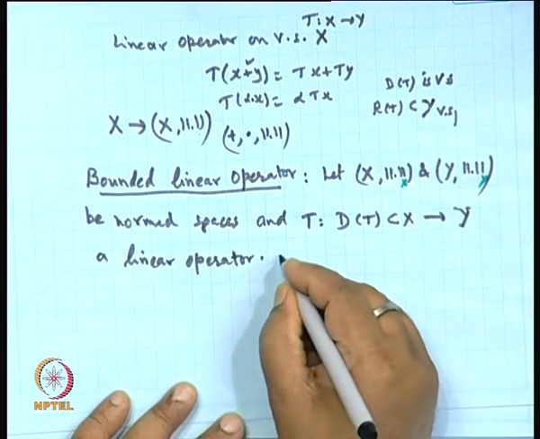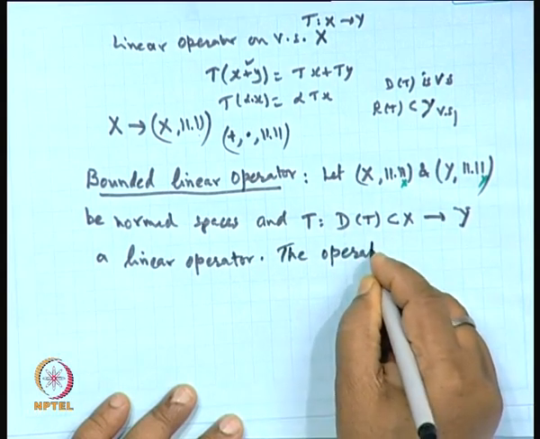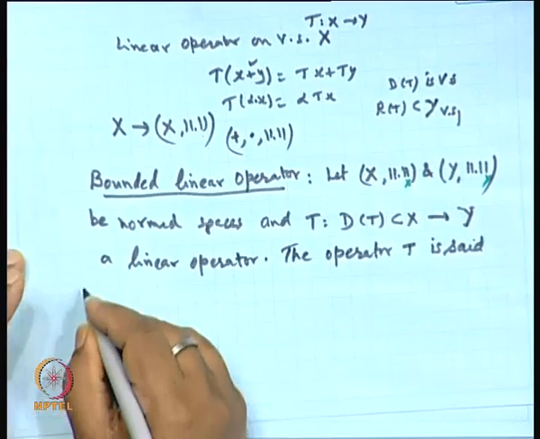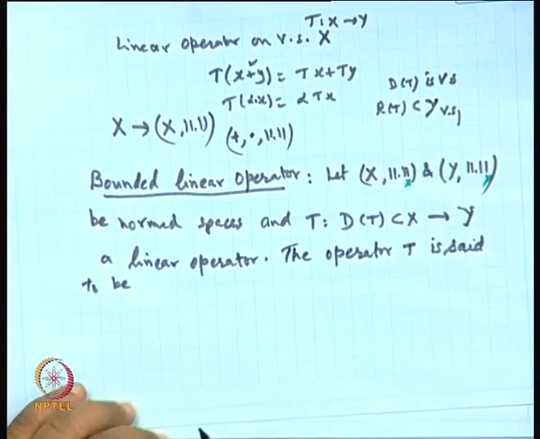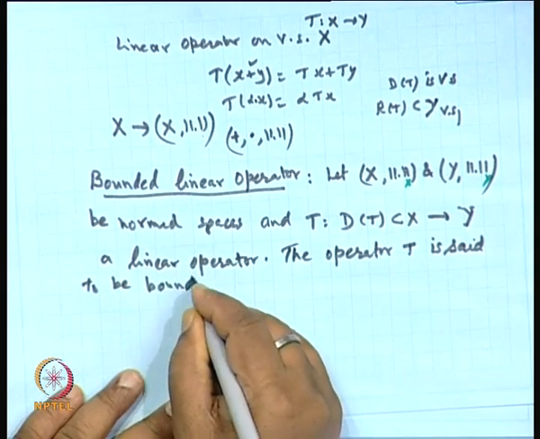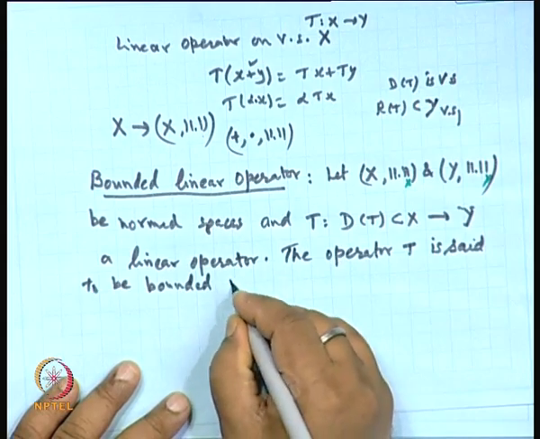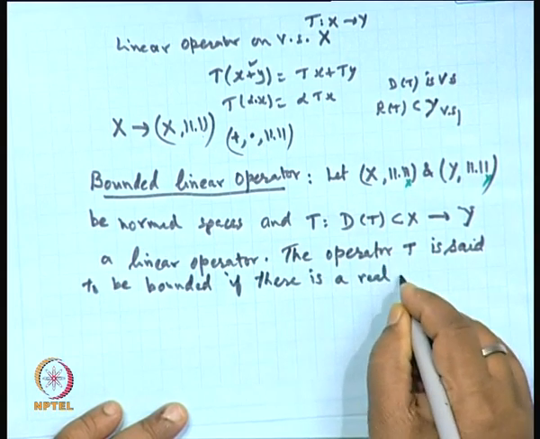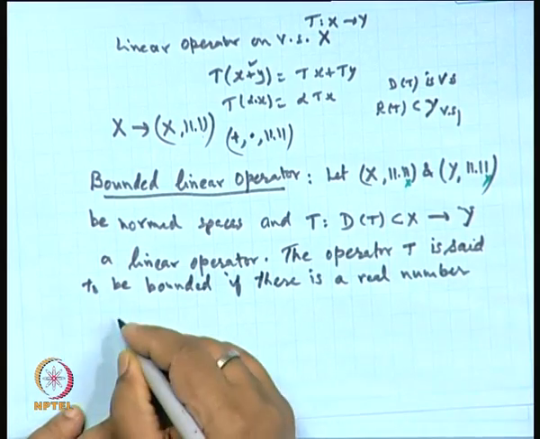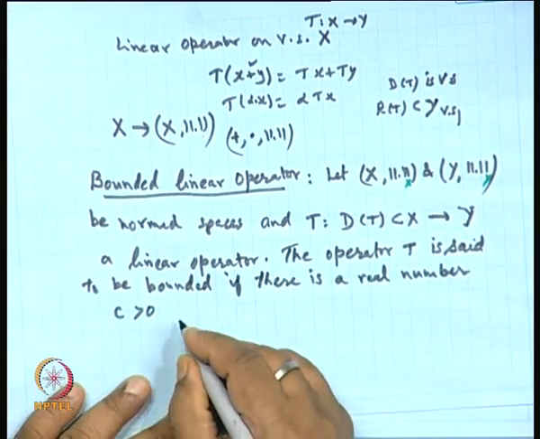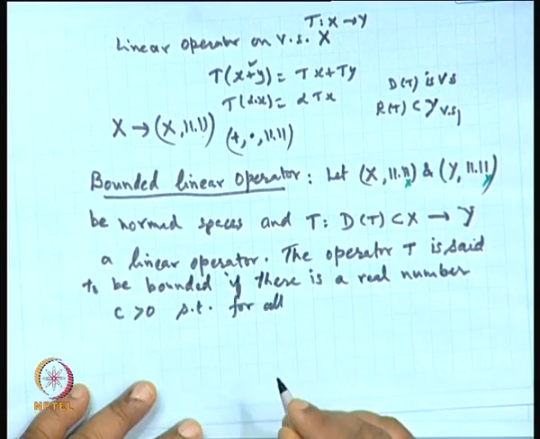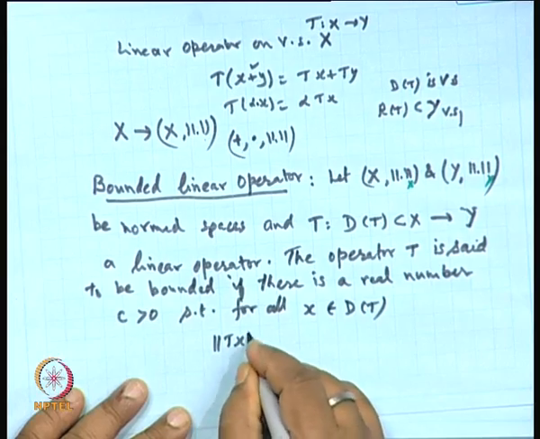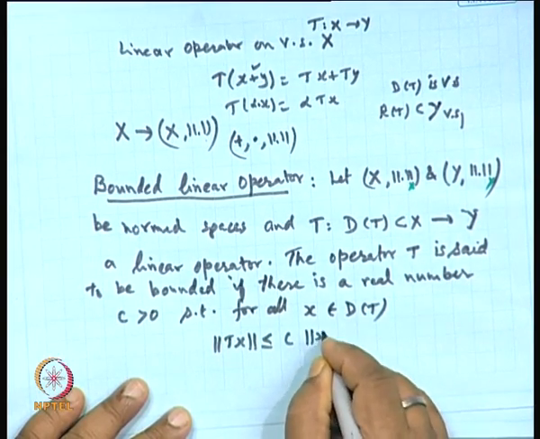Then the operator T is said to be a bounded linear operator if there is a real number C, of course positive, such that for all x belonging to the domain of T, the norm of Tx is less than or equal to C times the norm of x.